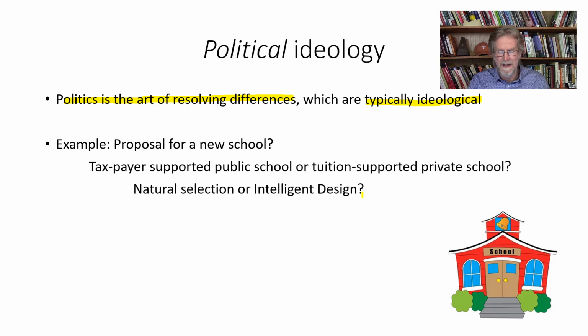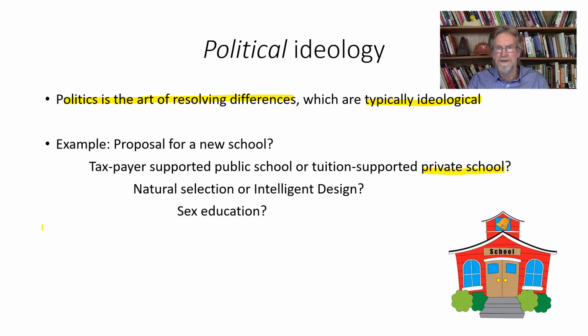Intelligent design is the substitute for creationism, and most courts have pretty much banned the teaching of intelligent design in public schools because of that separation of church and state. But if you do have a private school, then that would be a choice that you could potentially make to teach in that school.